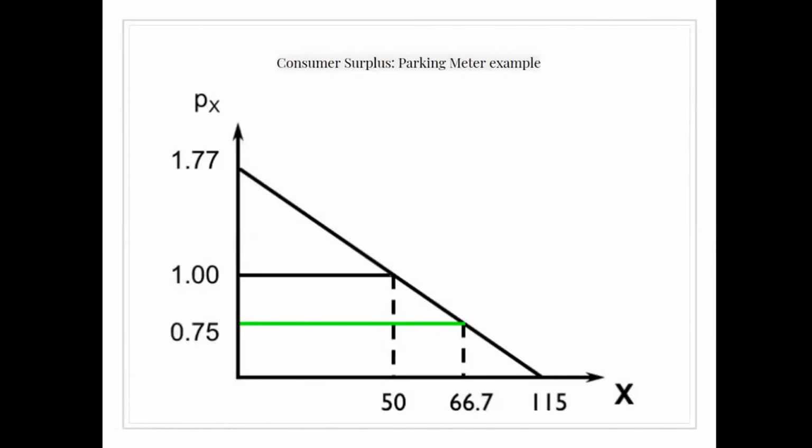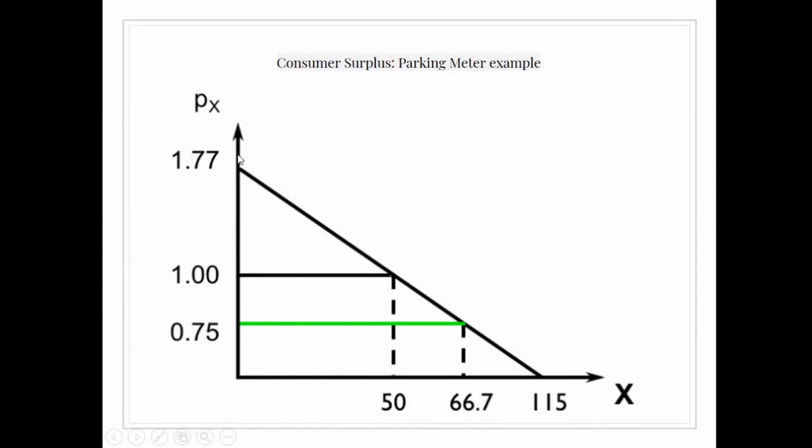Obviously, fewer people will be willing to pay the per hour price of parking on the streets. So instead of having 66,000 cars being parked at the same time, now you only have something like 50,000 cars at this price.